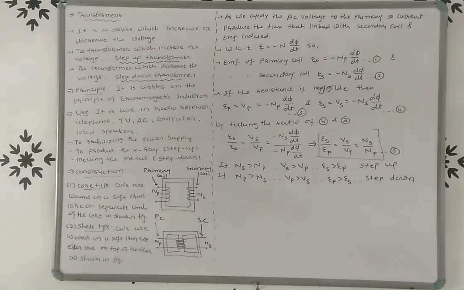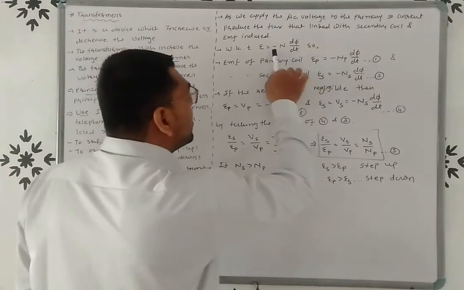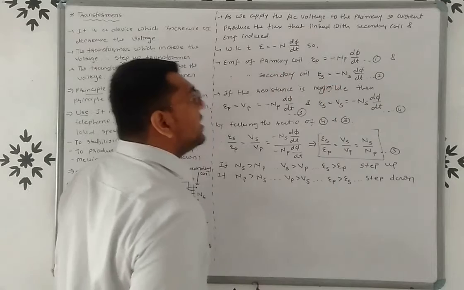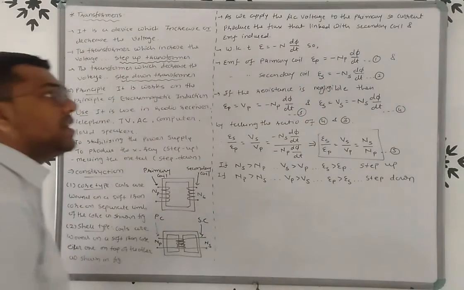So here we already know the equation of EMF, that is equal to minus N d phi by dt, right? Now the EMF of the primary coil, EP, is equal to minus NP d phi by dt, and for the secondary, ES is equal to minus NS d phi by dt.